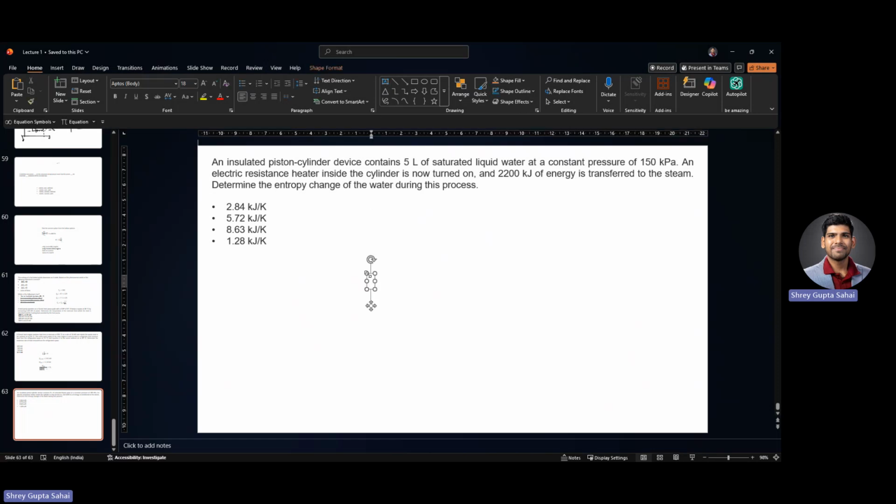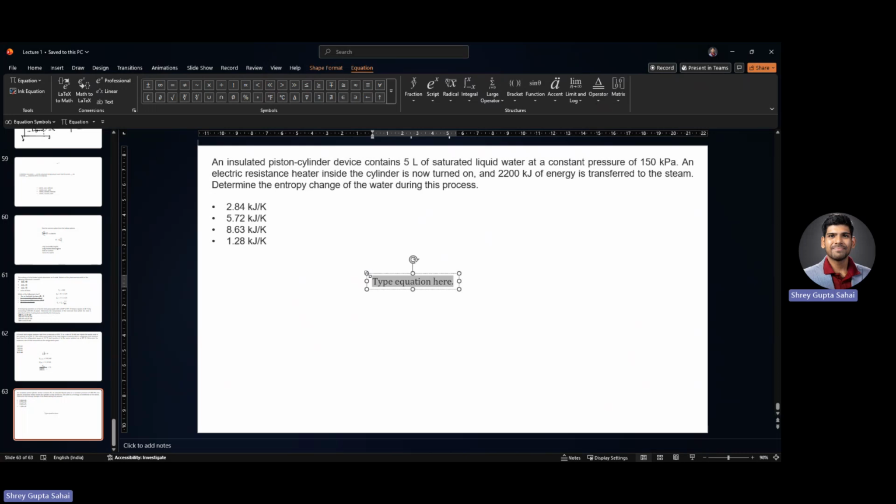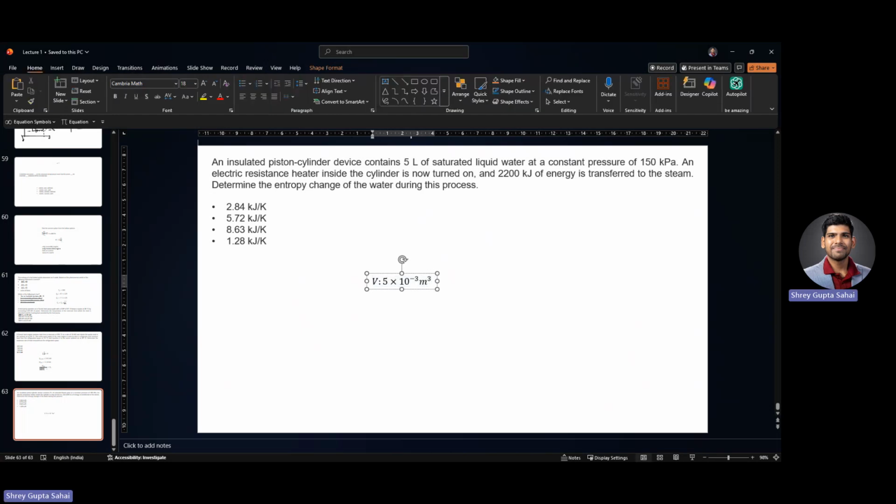So V is 5 liters, but 1 meter cube is 1,000 liters. So 5 times 10 to the power minus 3 meter cube. So mind that. This is what we have.